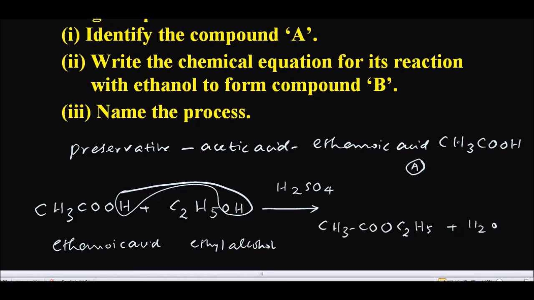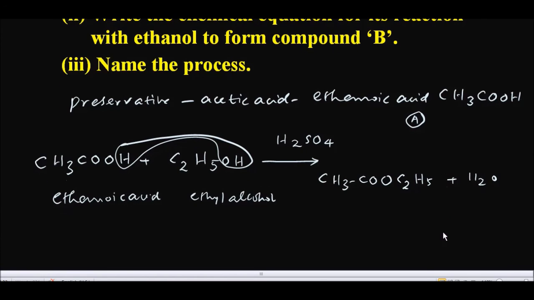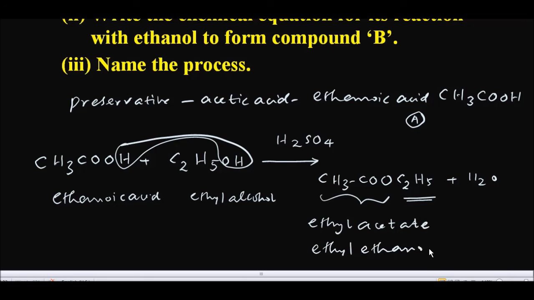It's an ester, a pleasant smelling liquid. In the name of the ester, the highlighted part is ethyl and the other part is called acetate, so you can call it ethyl acetate, also known as ethyl ethanoate, a pleasant smelling compound.